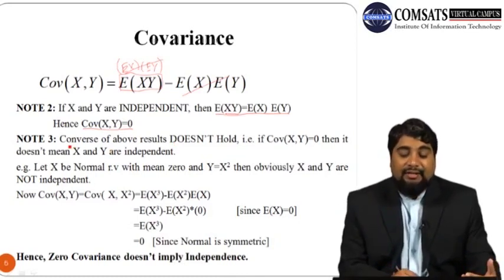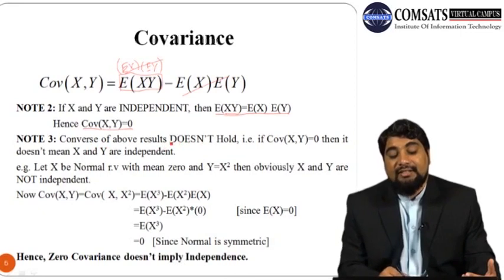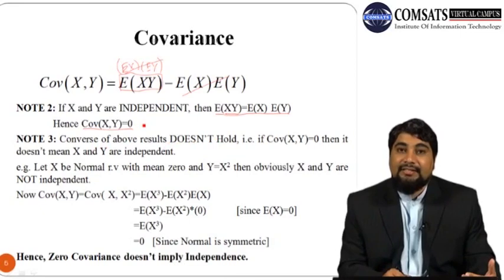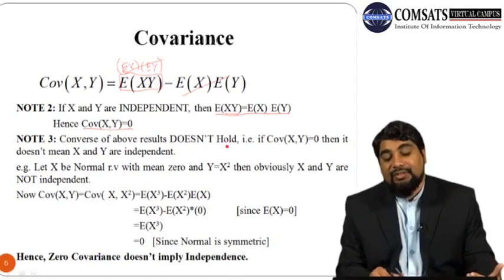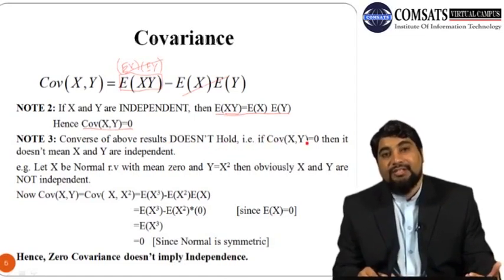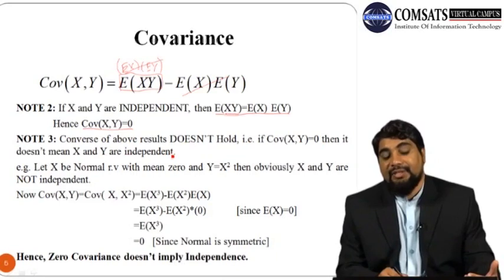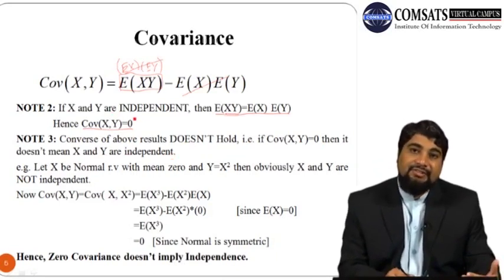So next we discuss note 3, the converse of the above result does not hold. Here the result states that if x and y are independent, their covariance is 0. Its converse does not hold. That is, if covariance between two random variables x, y is 0, then it doesn't mean that x and y are independent. So if both are independent, then covariance is 0.